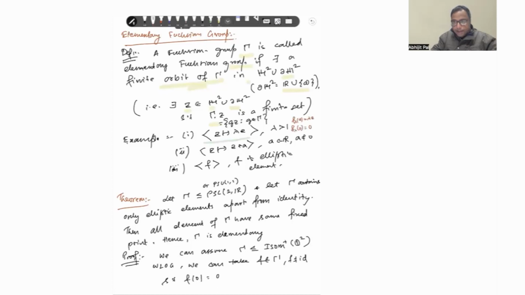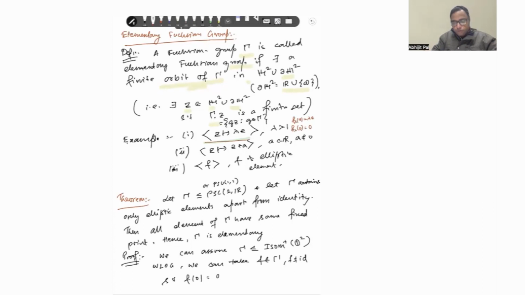Any element of this group will be of the form Z goes to lambda to the power n Z, and that element will fix 0.